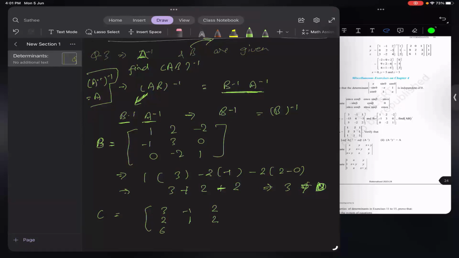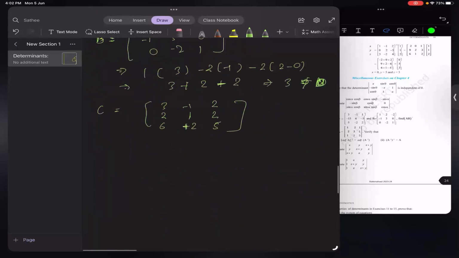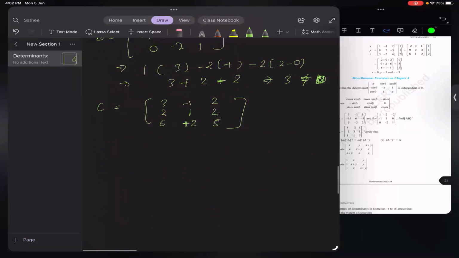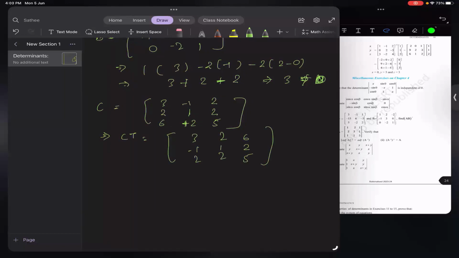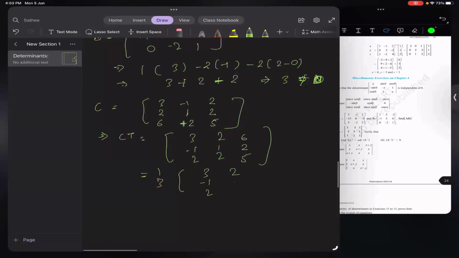No, this should be plus 2, and this would be 5. Now we just have to take the transpose of this matrix. So C transpose would be 3, minus 1, 2, then 2, 1, 2, and 6, 2, 5. Now we'll multiply with the determinant, so 1 by 3 of 3, minus 1, 2, 2, 1, 2, and 6, 2, 5.